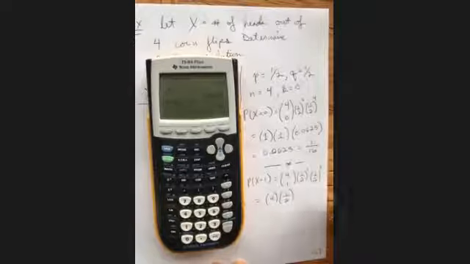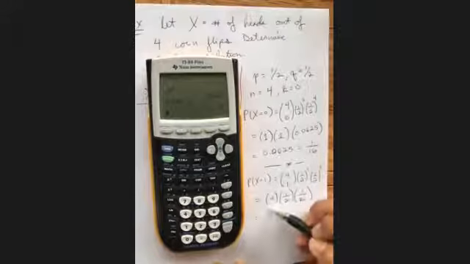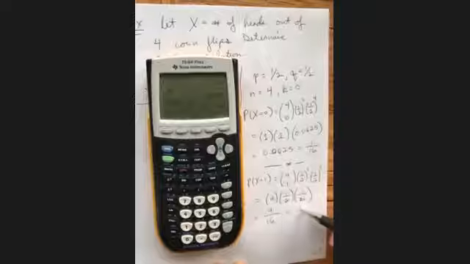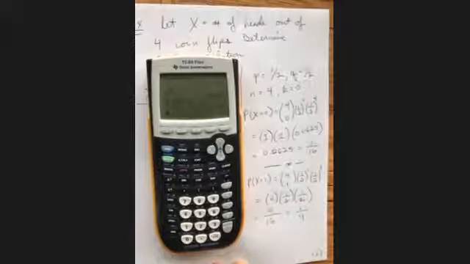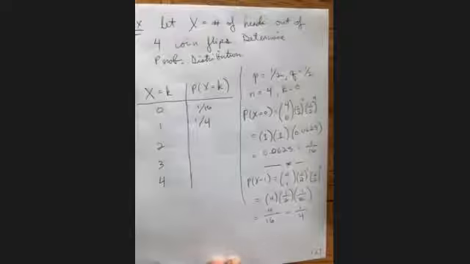And 1/2 to the 3rd power is 1/8. So that's 4 times 1/2 times 1/8, which is 4/16, which is 1/4.